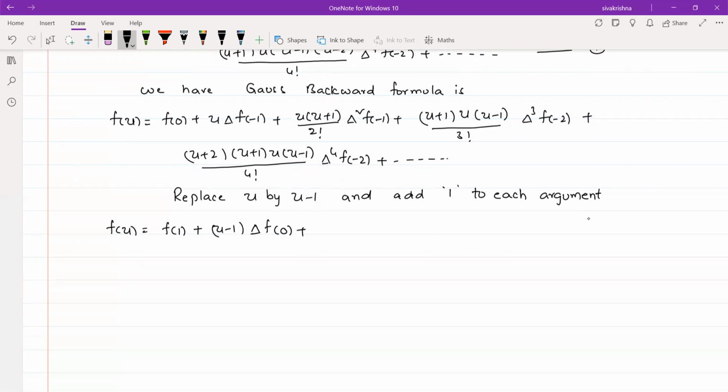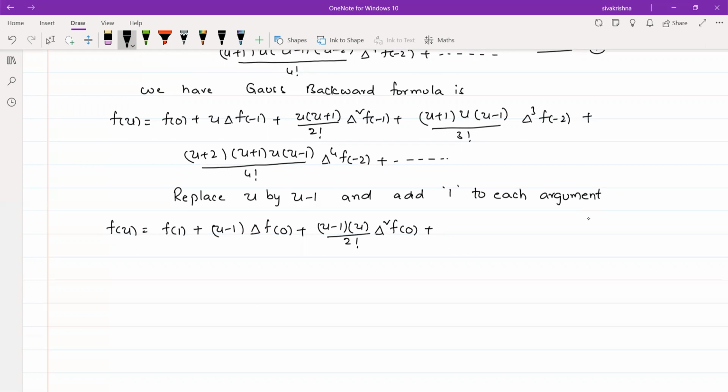Plus once again u is replaced by u minus 1 into u plus 1, so in place of u we write u minus 1, we get u by 2 factorial into delta square f of 0. Whenever we add 1 to minus 1, we get 0.